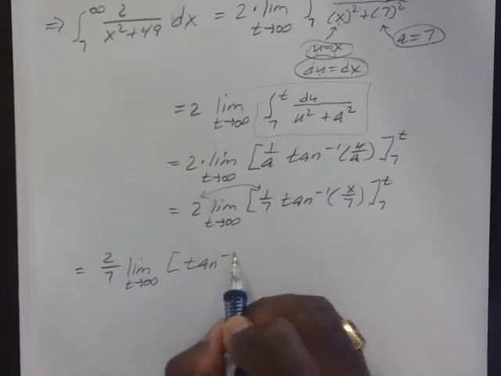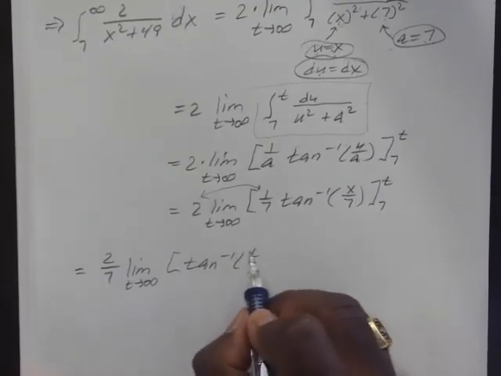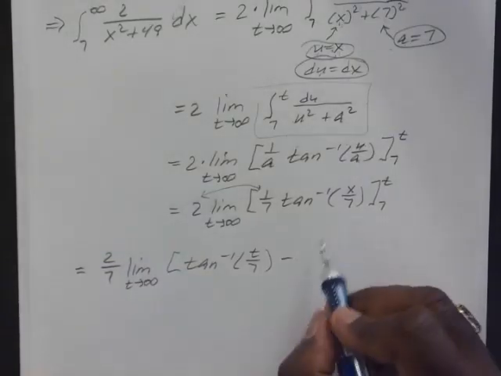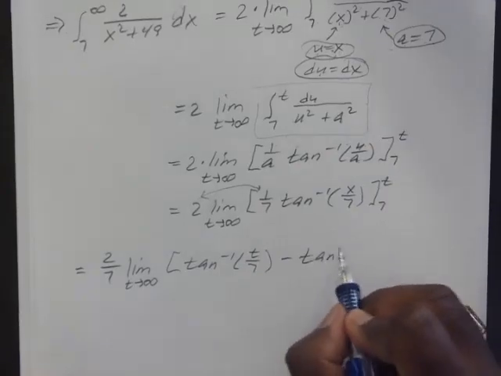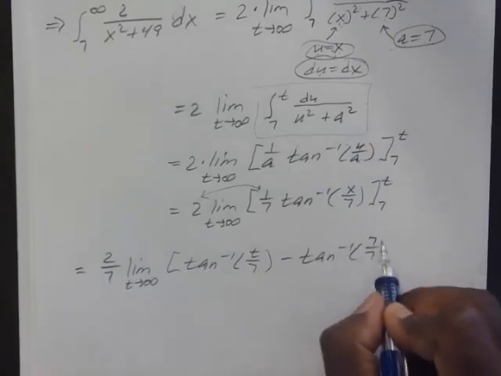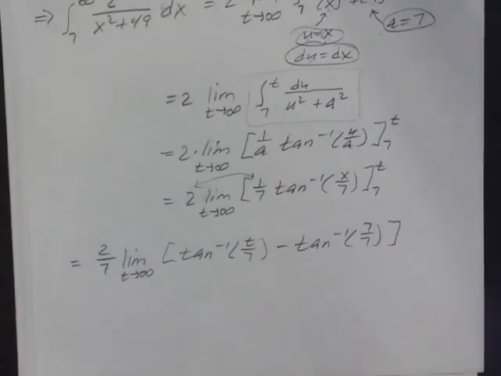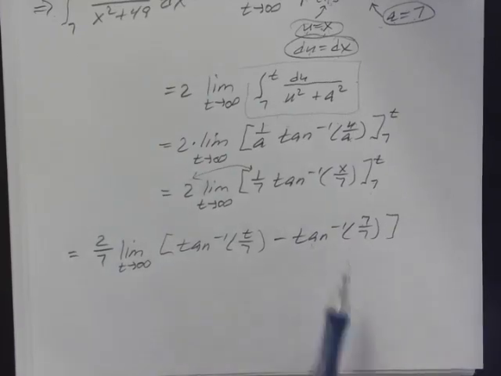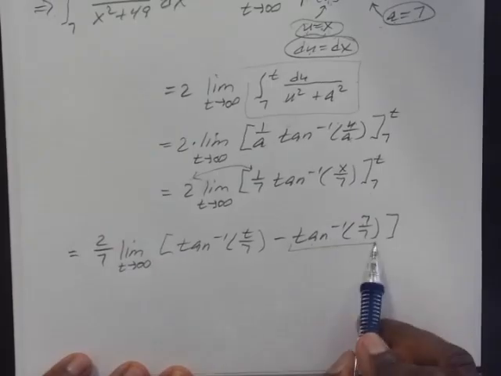So that's tangent inverse of t over 7 minus our lower bound, so that's tangent inverse of 7 over 7. We're just tangent inverse of 1. So we know that tangent inverse of 7 over 7 is pi over 4.